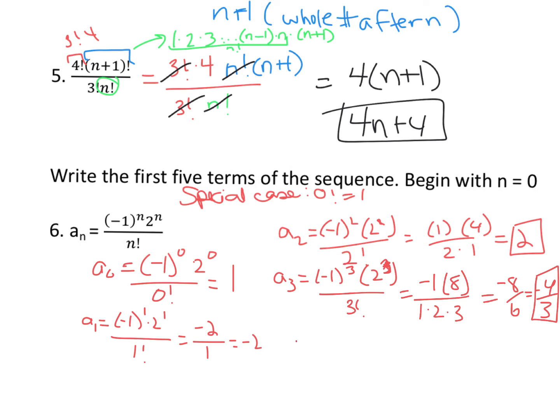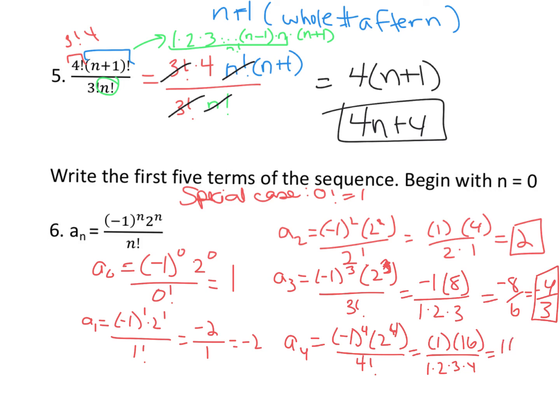So my last one is A4. That is going to be equal to negative 1 to the 4th times 2 to the 4th, over 4 factorial, which gives me 1 times 16. 4 factorial is 1 times 2 times 3 times 4.